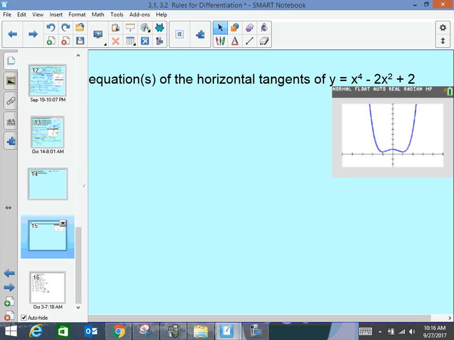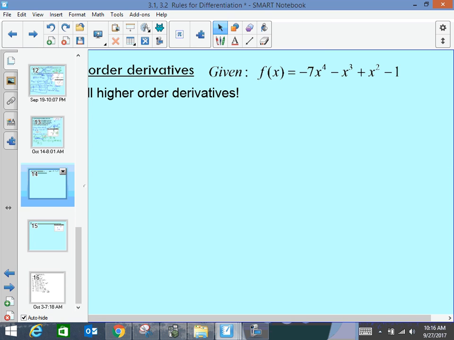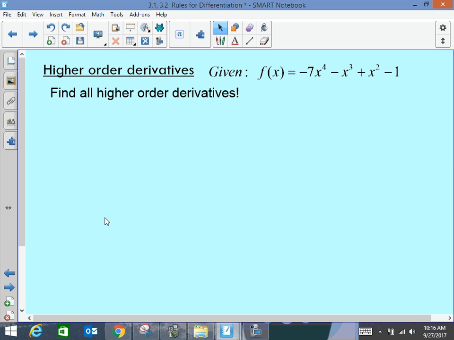We just have one more because those are answers. Just have one more, Kara, to answer your question. This one won't take too long. What do you mean by higher? First derivative, second derivative, third derivative, fourth derivative. Yeah, you'll figure it out.